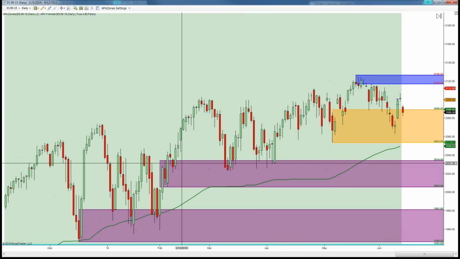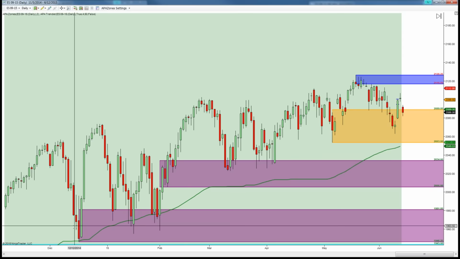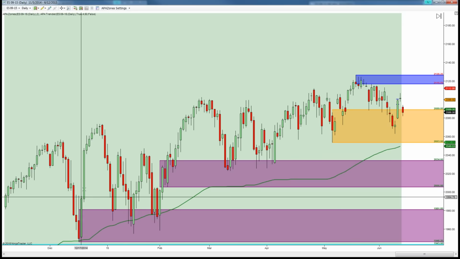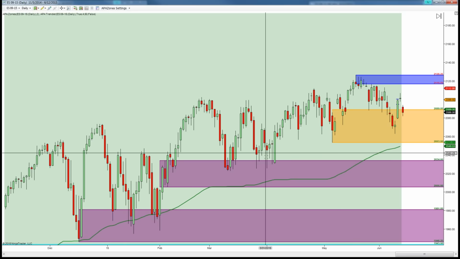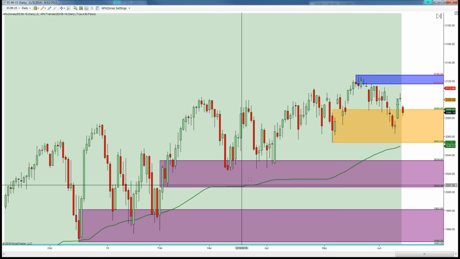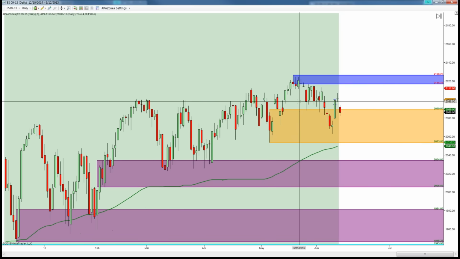In December, something started happening as far as the drop goes, and then it's just gotten in this very big range, but it is a slow uptrend.